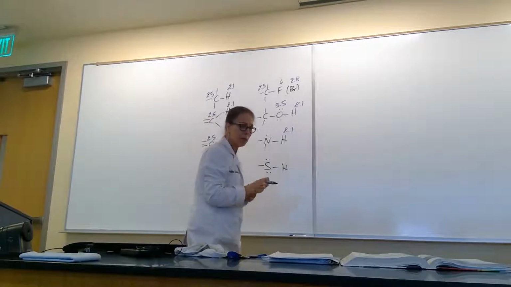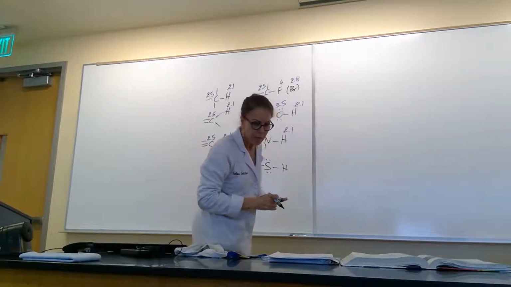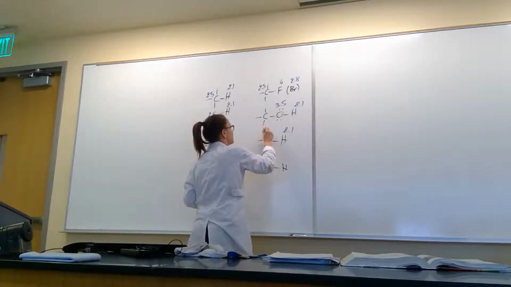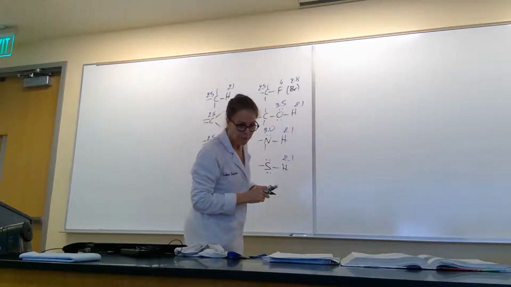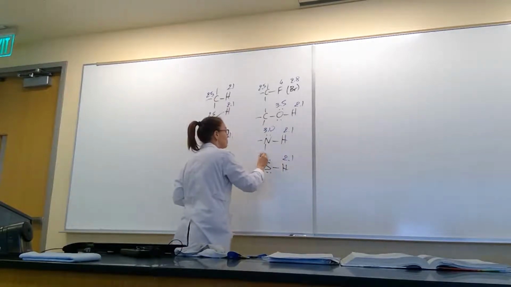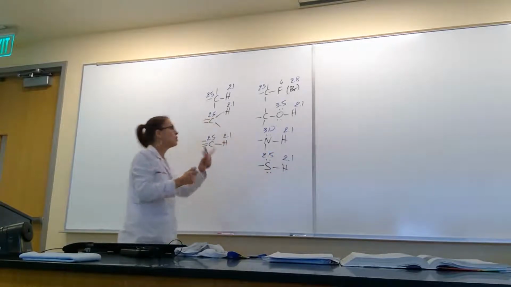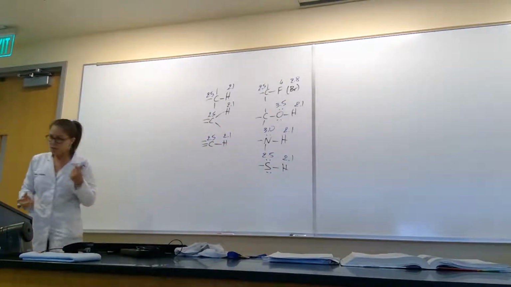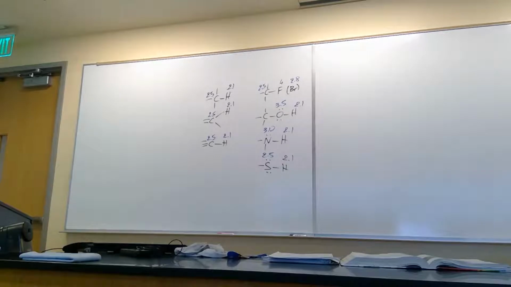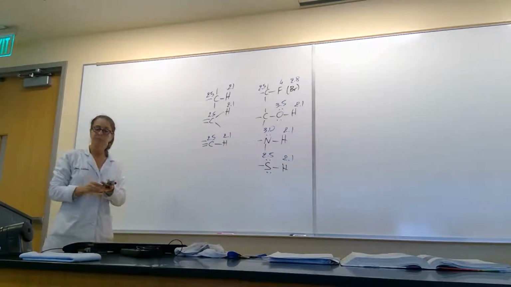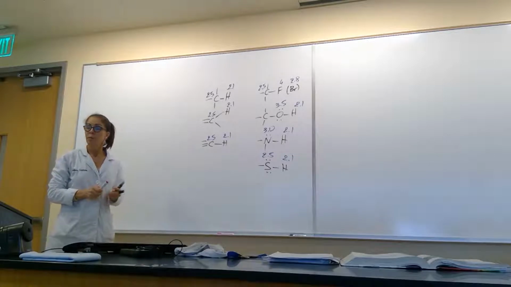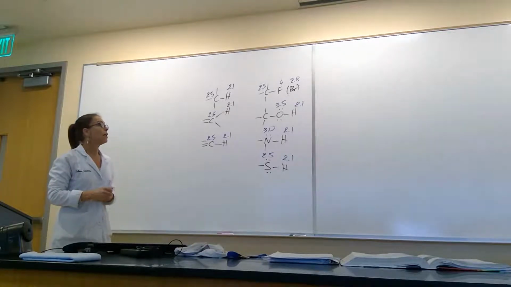The nitrogen here is 3, and here hydrogen is 2.1, and sulfur is 2.5. So why am I showing all of this? To show that if these bonds break, which atom would take the electrons? Is it the H or the other atom?